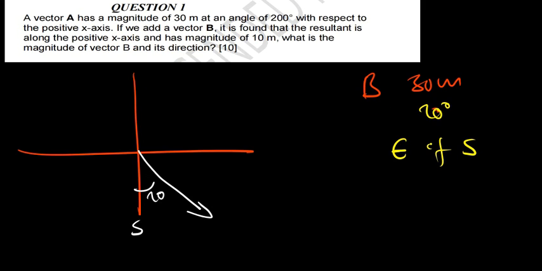So which is going to be what? 90 times 3 is 270, plus 20, it's 290.